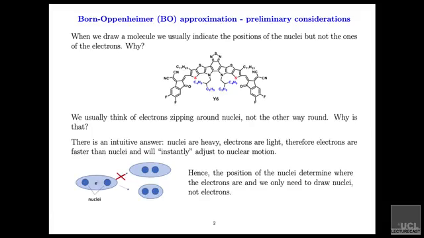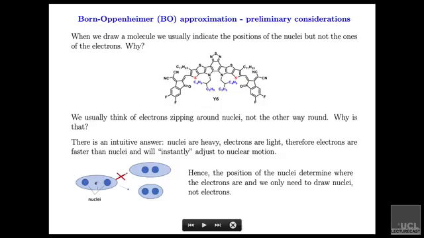There's, of course, an intuitive answer. It's the same reason why we imagine the Earth orbiting the Sun, not the Sun around the Earth. It's because the nuclei are heavy, electrons are light, therefore the electrons are faster than the nuclei, and they will instantly adjust to nuclear motion. Here at the bottom left I draw a little cartoon. Imagine you have the nuclei 1 and 2, and then you have the electron cloud.